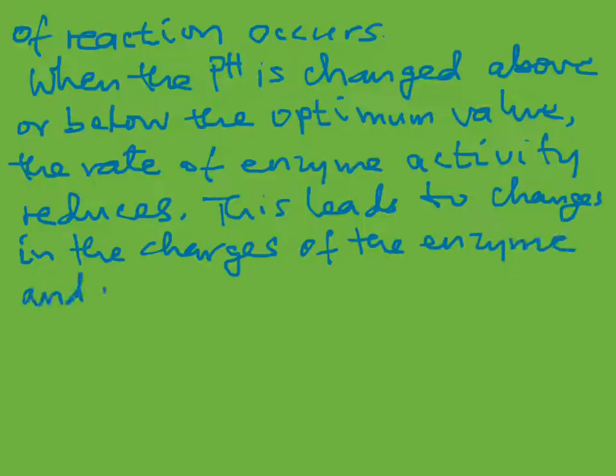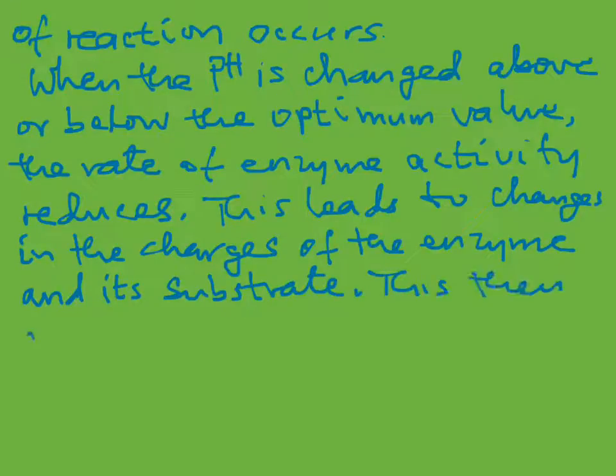When the pH is changed above or below the optimum value, the rate of enzyme activity reduces. This leads to changes in the charges of the enzyme and its substrate.